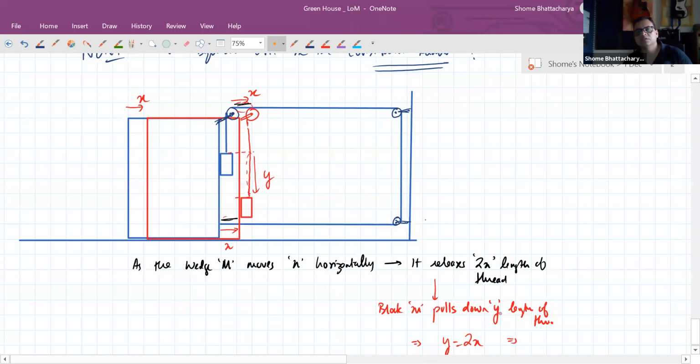So now double differentiate. This one's relative acceleration a2 has to be equal to twice of this one's horizontal acceleration a1.